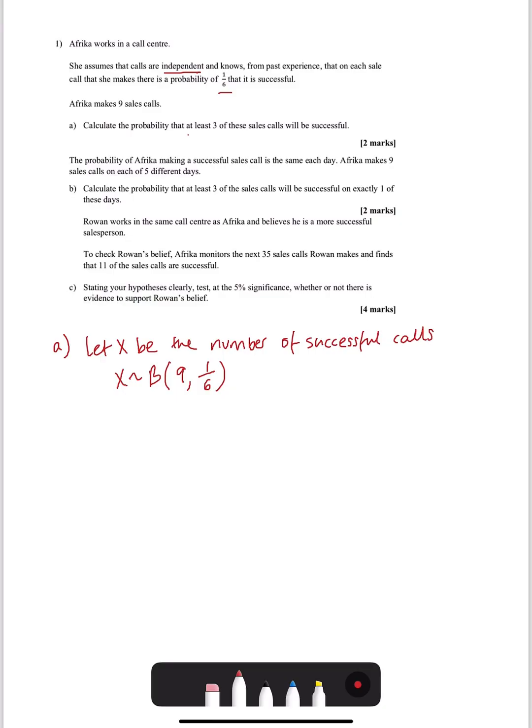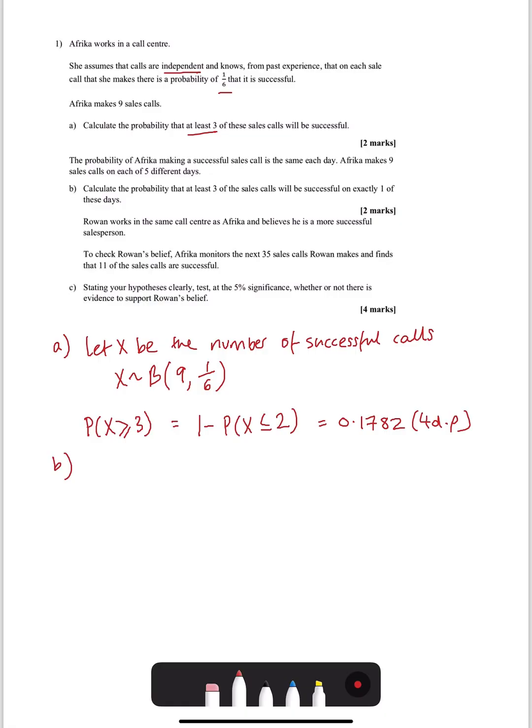And I want at least 3, so I'm finding the probability of X being greater than or equal to 3, which is the same as 1 minus the probability of X being less than or equal to 2. All I have to do then is type that into my calculator and I'll get 0.1782 to 4 decimal places.